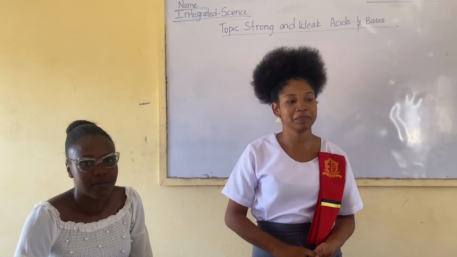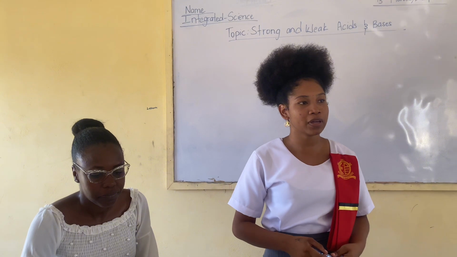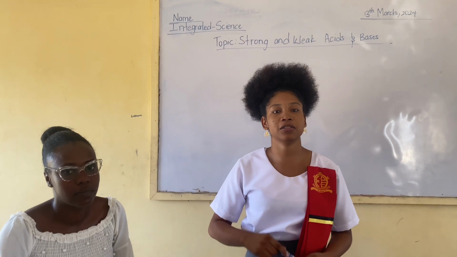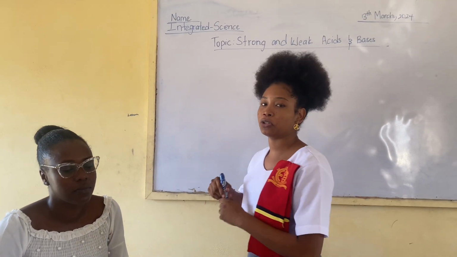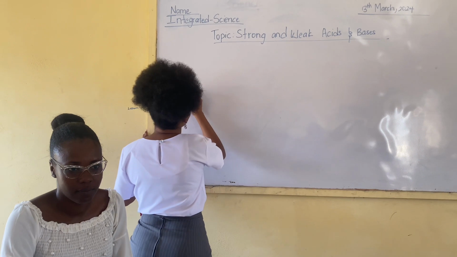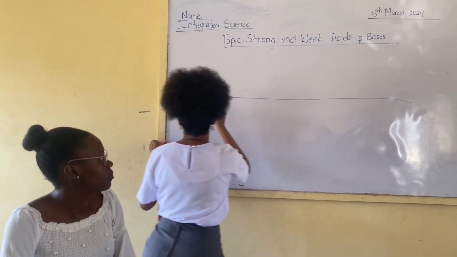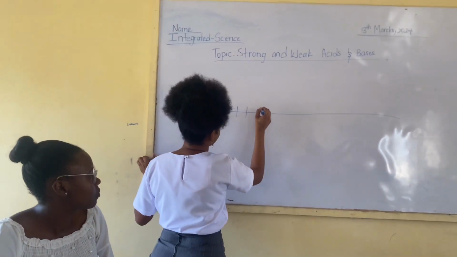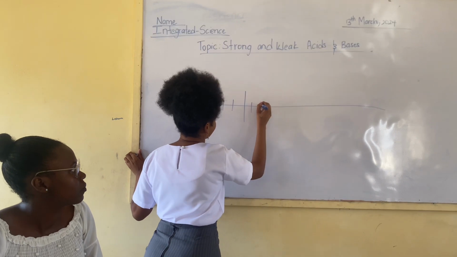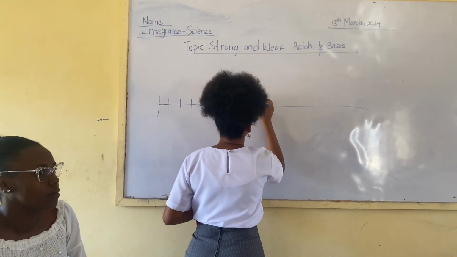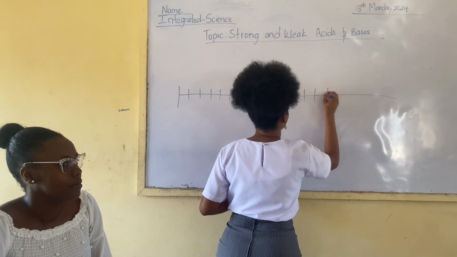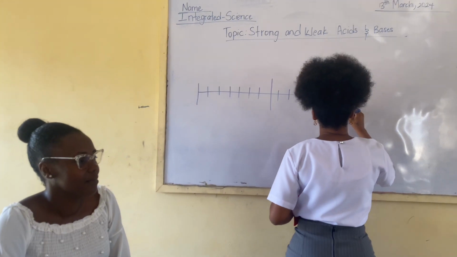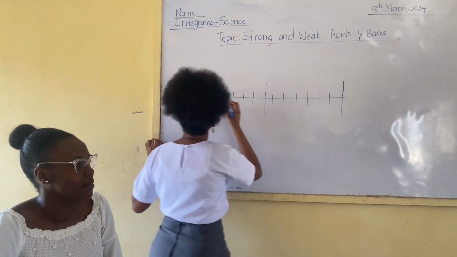For your response, now I will explain how you can identify strong acids from weak acids and strong bases from weak bases using the pH scale. So I'm going to draw it on the board now. Scale.